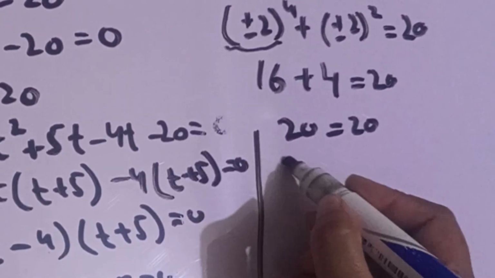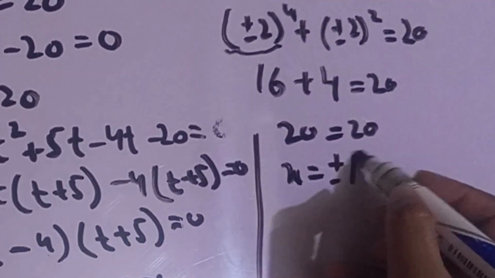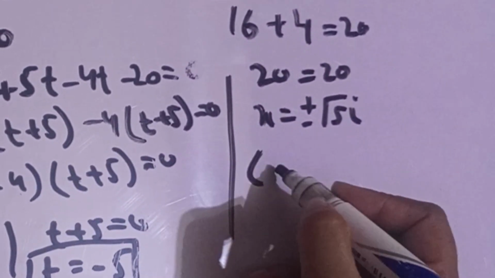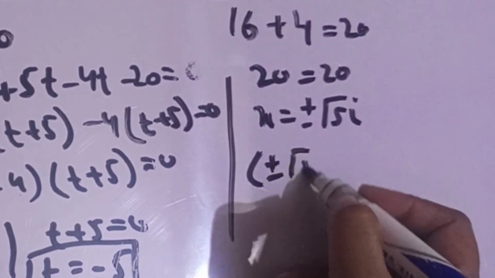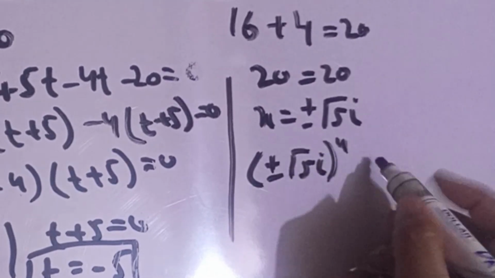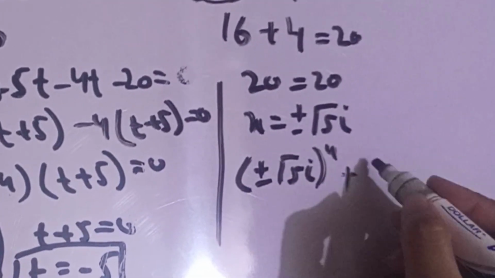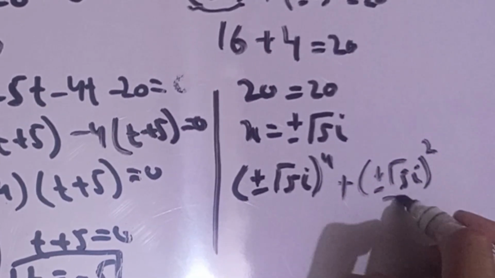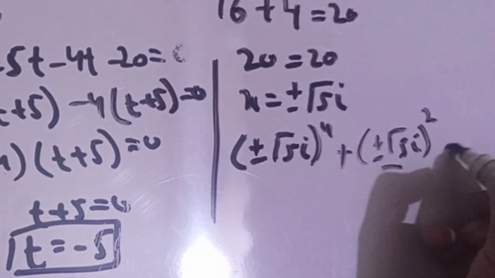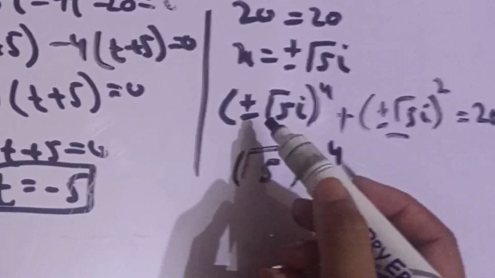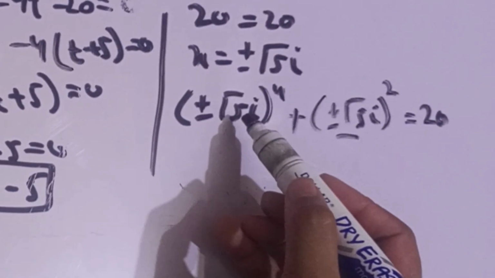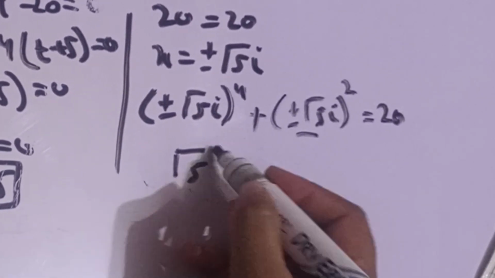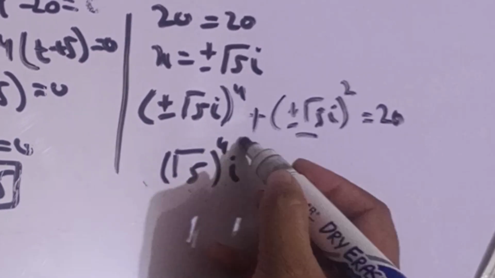Now we verify for x is equal to plus minus square root 5 iota. We have x raised to the power 4, where x is plus minus square root 5 iota, raised to the power 4, plus x square, where x is this one, is equal to 20. If x is positive square root 5 iota, then we write this as square root 5 whole raised to the power 4 times iota raised to the power 4.